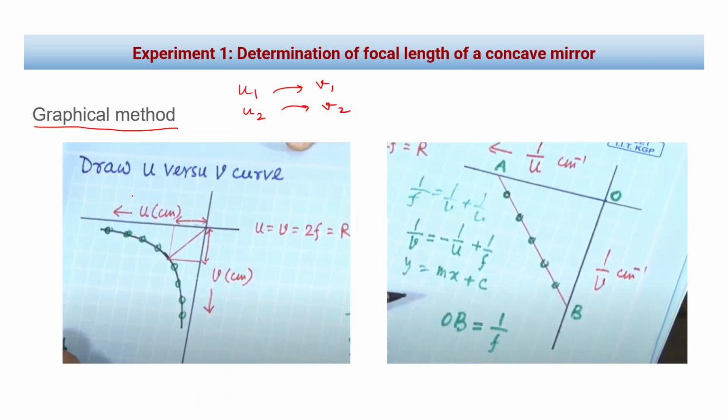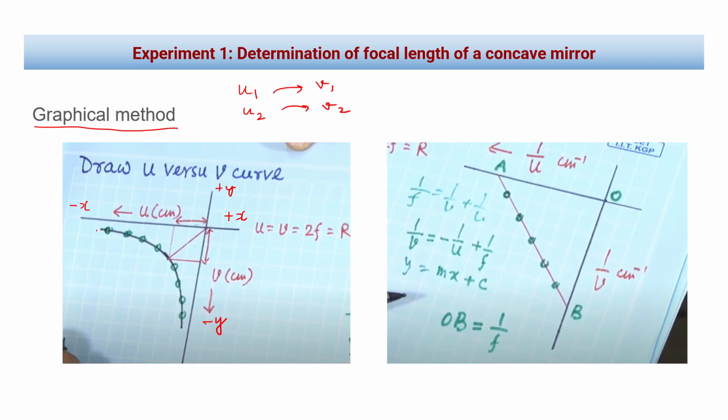So this is the positive x-axis, this is the negative x-axis, this is the positive y-axis, and this is the negative y-axis. As I said, our image distance is negative, so we will plot on this side, and object distance is negative and image distance is also negative, so we will be plotting on the minus x-axis and minus y-axis.